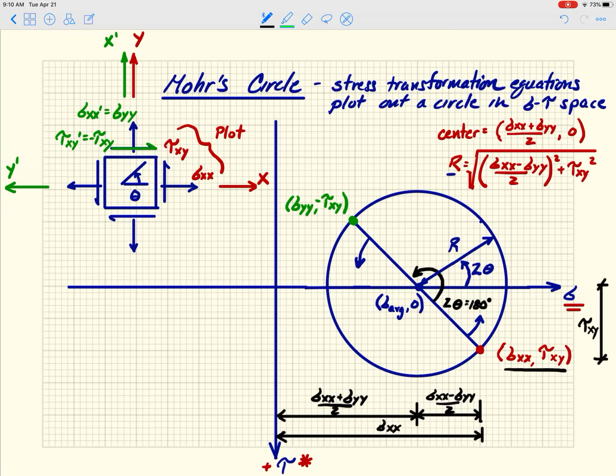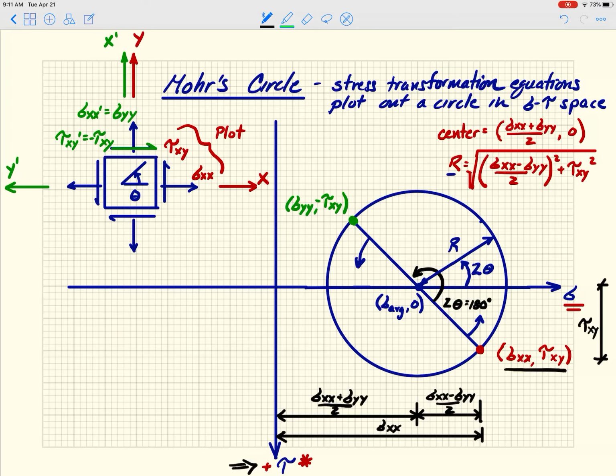The first is that we're going to plot tau positive downward. I know there's going to be a number of questions because people either aren't hearing me say it or they're forgetting. But tau has to be positive downward.